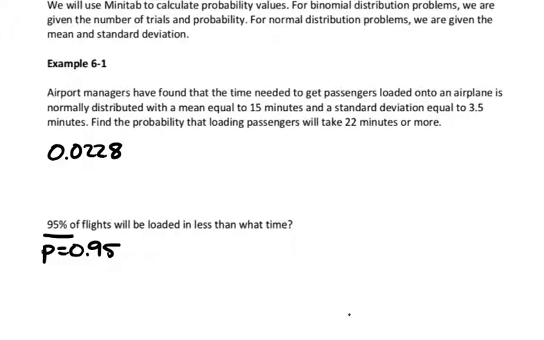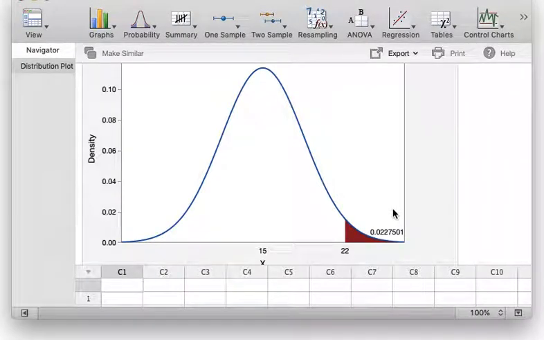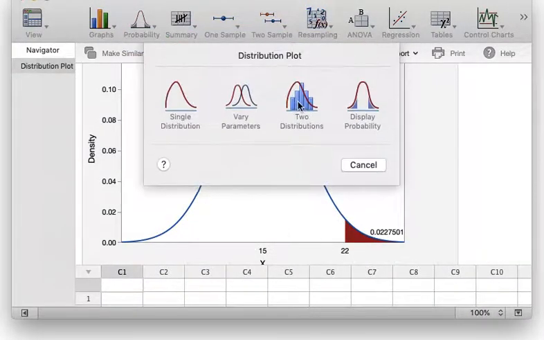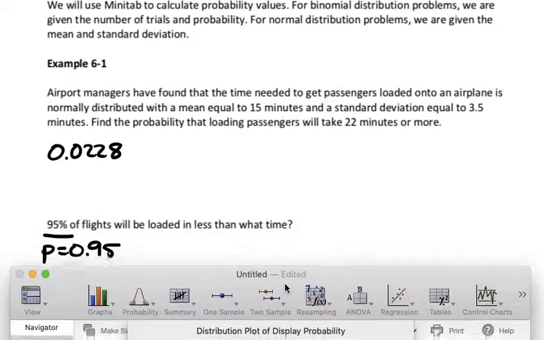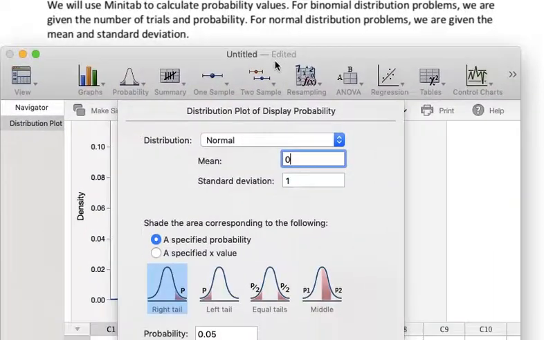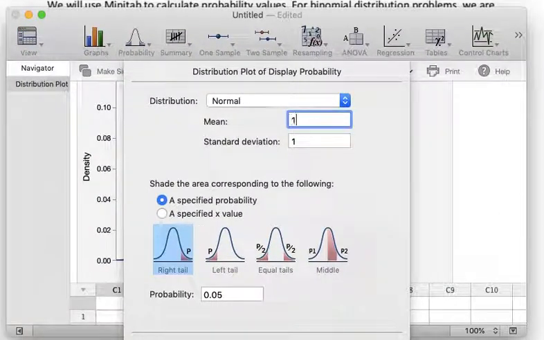So I'm going to go back to Minitab here, and I'm going to enter the same information for mean and standard deviation, which were 15 and 3.5.